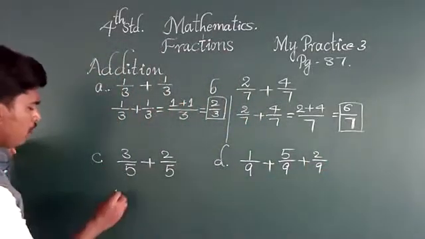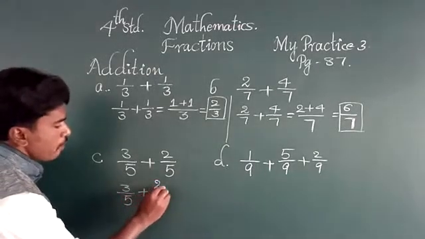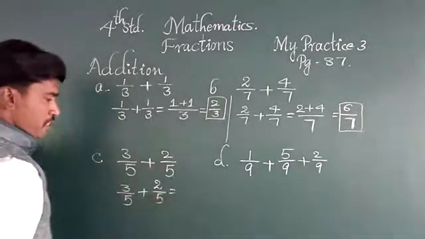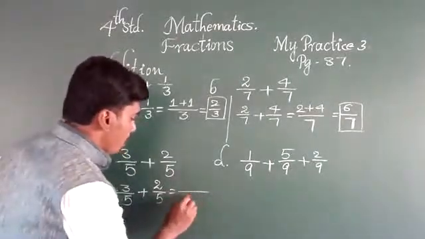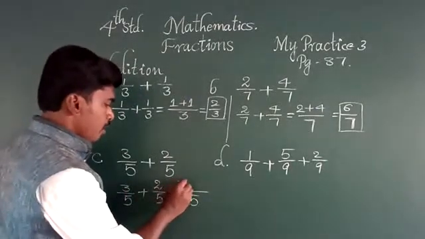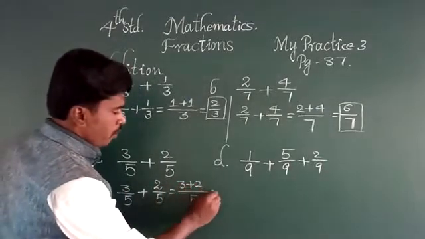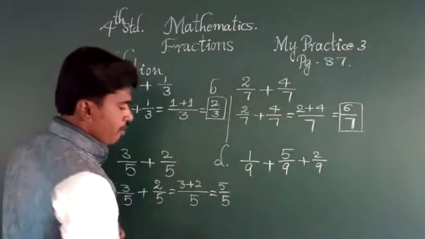Come to the third one, 3 by 5 plus 2 by 5. What is the first step you are doing? Take the common denominator. The common denominator is 5 and add the numerators, 3 plus 2 is 5 by 5.